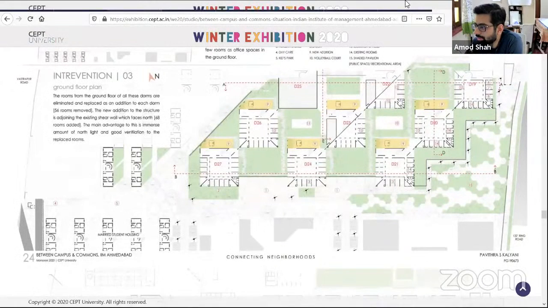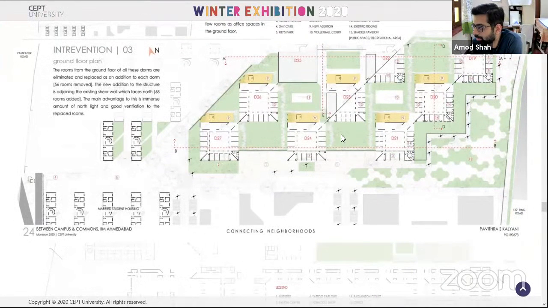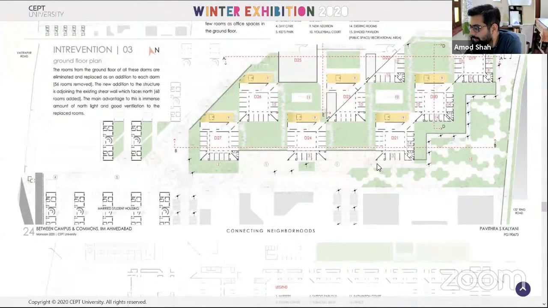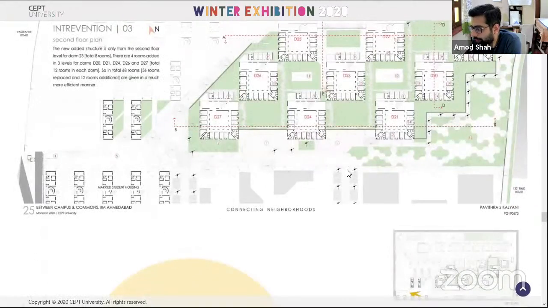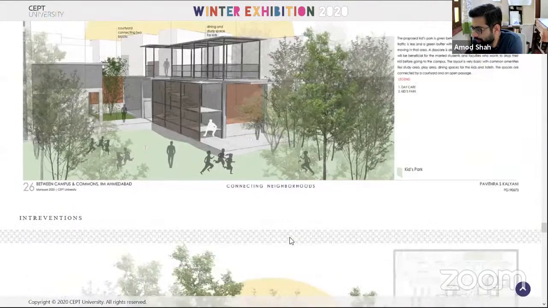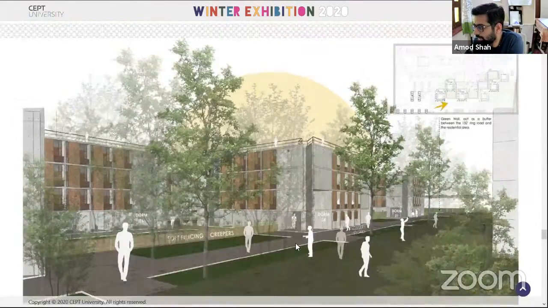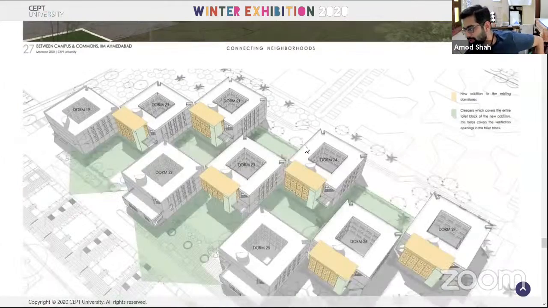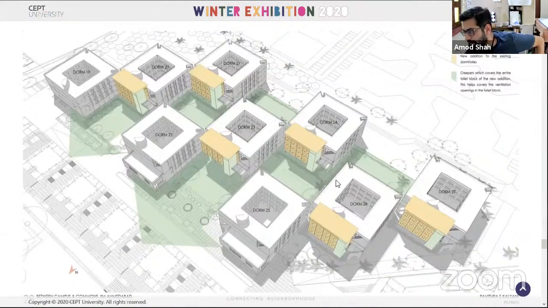So in this proposal, she has proposed to add on to the blocks and open out the ground floor in a way that the public could enter these spaces and move through these, still not hindering the privacy of the students. So these were the additions in yellow that you see, and the greens open up as a single datum on the ground.